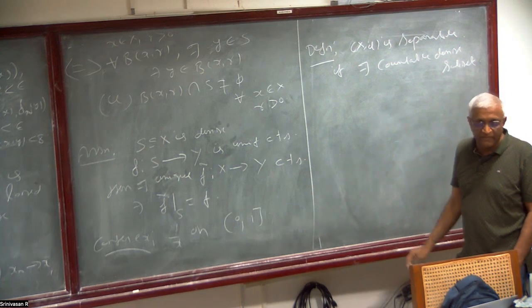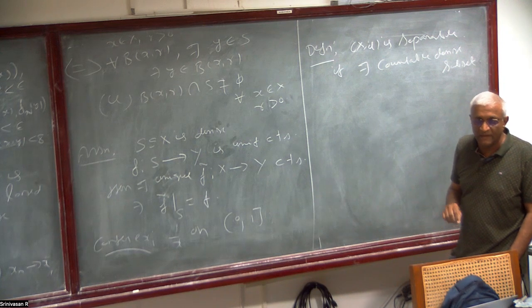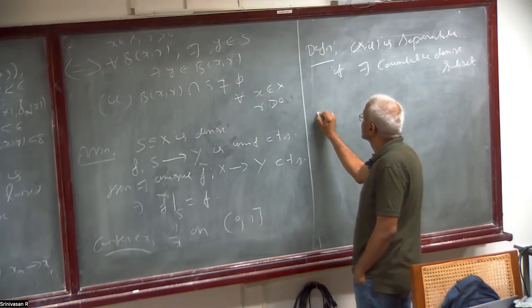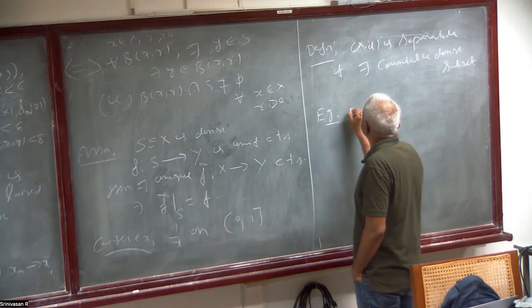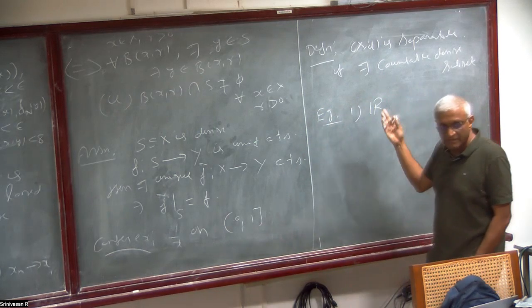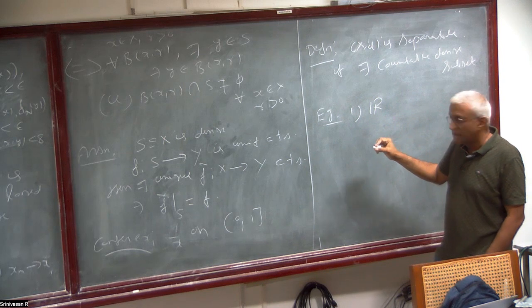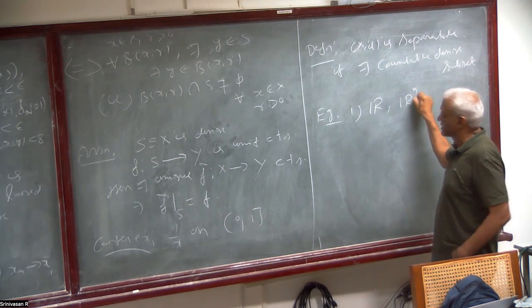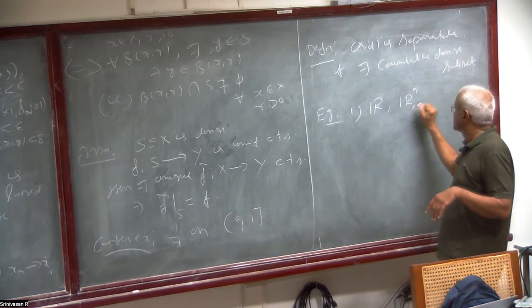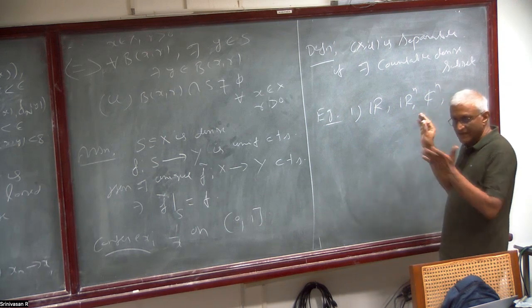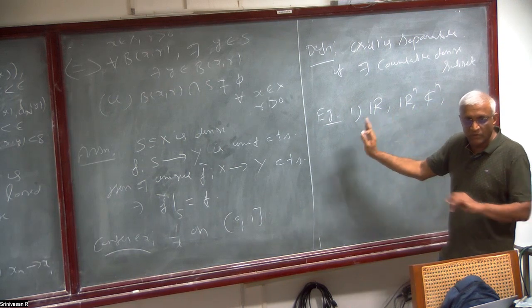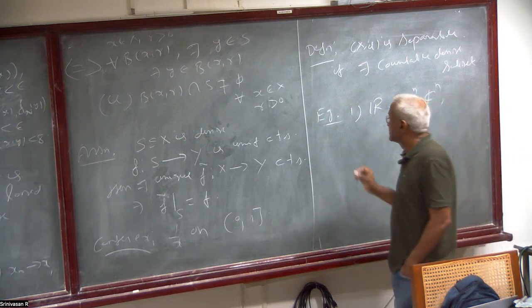Example: of course, the real line, where you have rationals which are countable and dense. Similarly, in Rn you can take rational tuples, and similarly Cn. There is no need to prove that rationals are countable and dense.